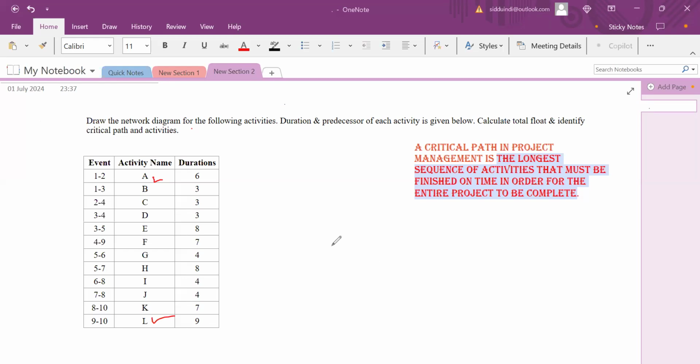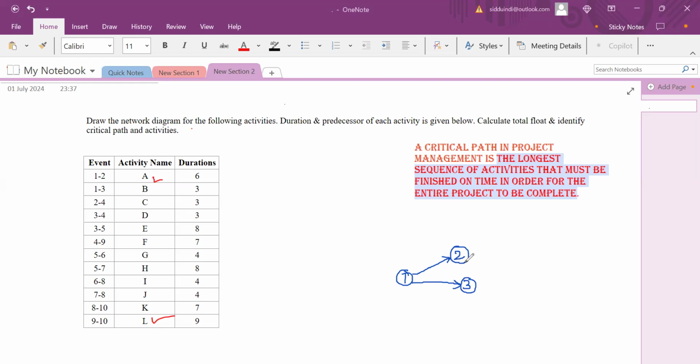First thing is events. Events start from where to where? Here, the first activity is from event 1 to 2. The second activity starts with event number 1 and ends with event number 3.